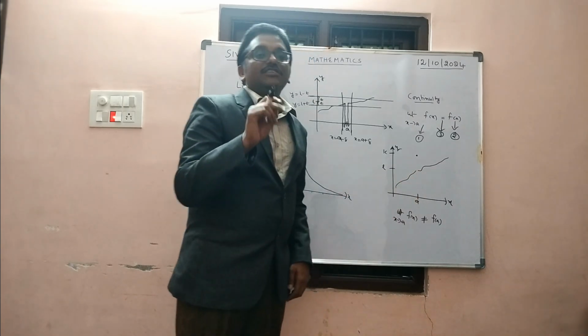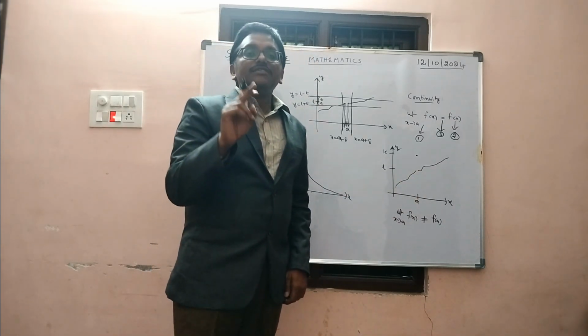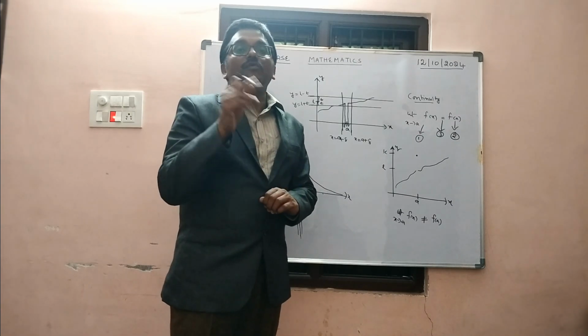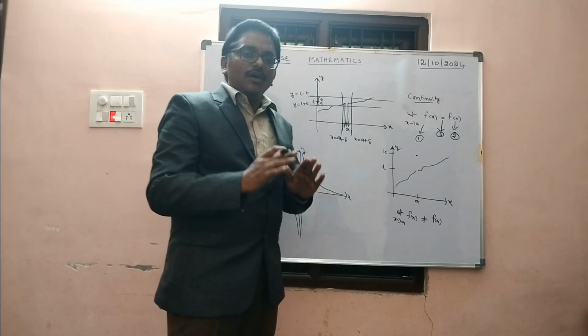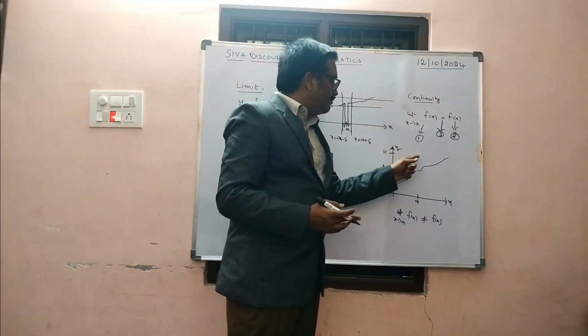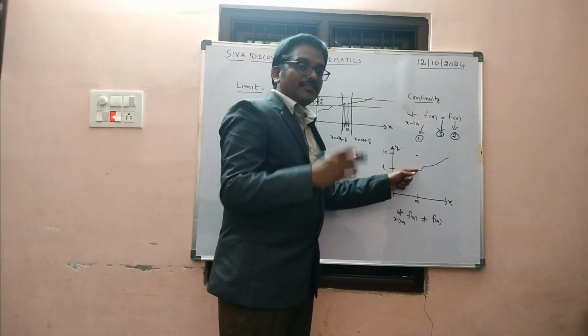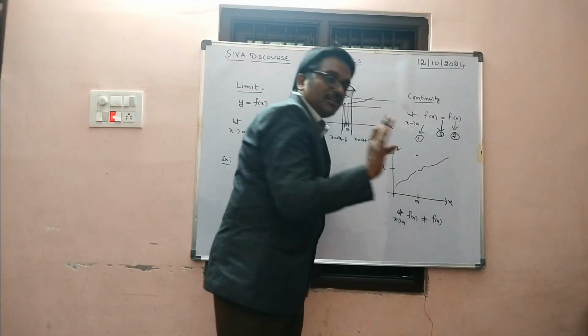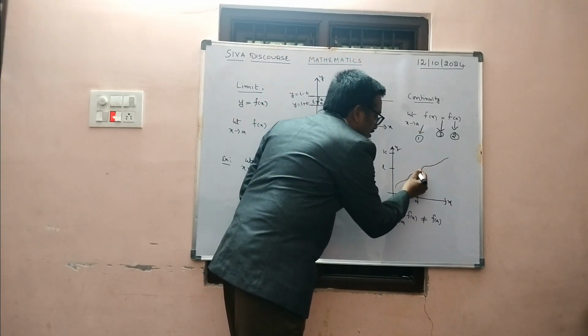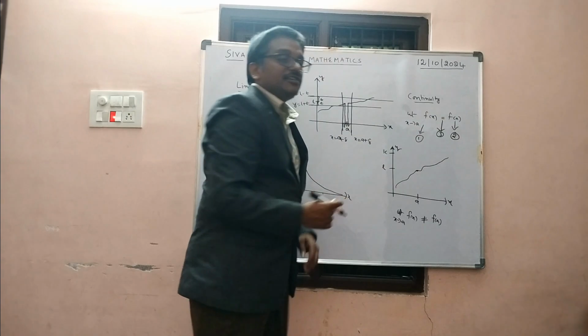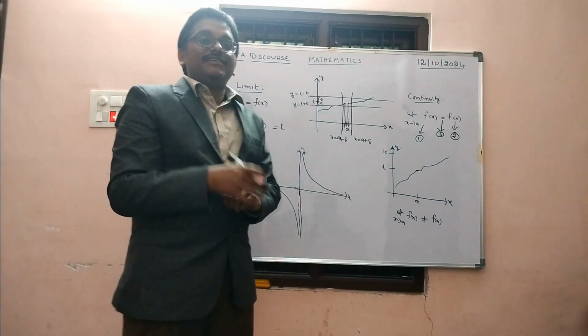This kind of discontinuity is known as discontinuity of the first kind or removable discontinuity. Why do we call it a removable discontinuity? We can change its function value from k to L. For example, if the f of a value is not k but L only, I can place this dot here, and then the function is going to be continuous at a.